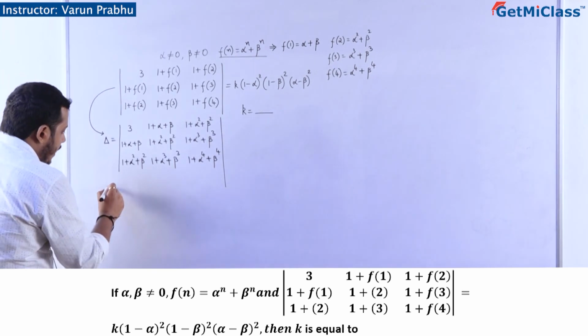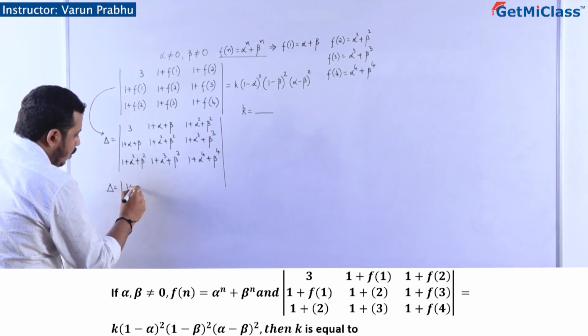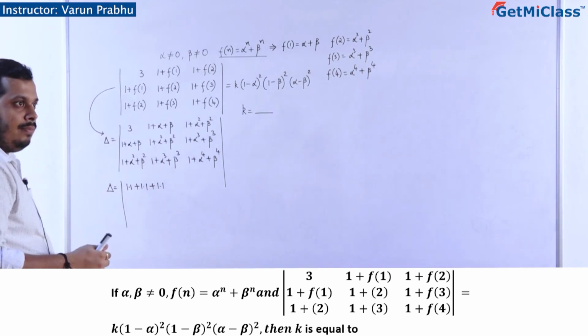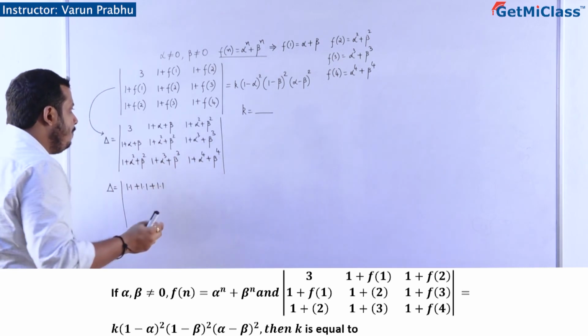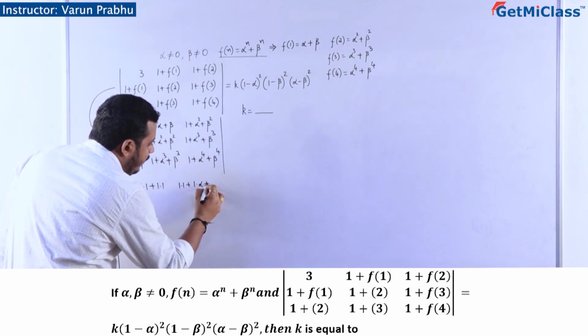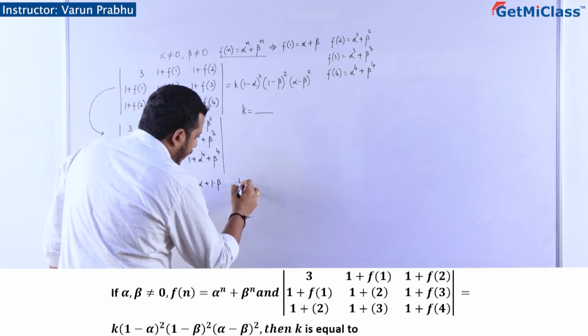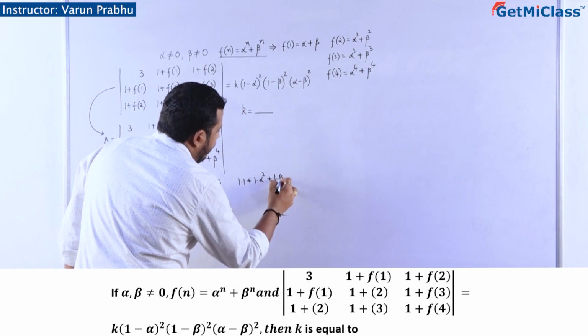Now I can further write this 3 as 1 into 1 plus 1 into 1 plus 1 into 1, if you can agree, because there is a property of determinant which will allow you to split the determinant. Similarly, I can write this as 1 into 1 plus 1 into alpha plus 1 into beta, and 1 into 1 plus 1 into alpha square plus 1 into beta square.